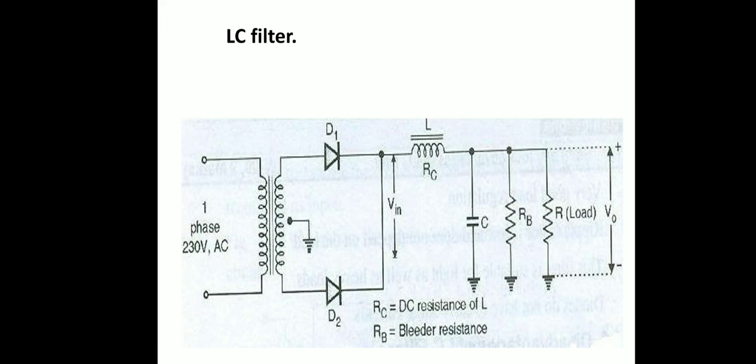As we have seen, if you remove the inductor, then this is the complete circuit diagram of full wave rectifier. This is the diagram with the two diodes, D1 and D2. In that diagram, we have just added the inductor and capacitor with the resistive load, RL. This is the important circuit diagram of the LC type filter, means the combination of inductor and capacitor.